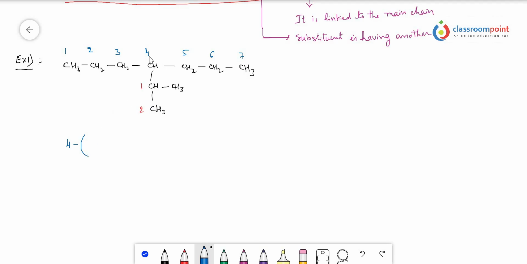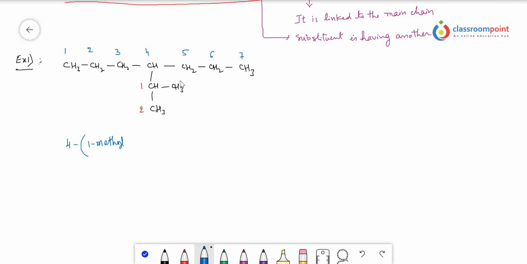So initially the 4th position is mentioned, next the bracket is started. Afterwards, at the first position a methyl group is there. So this is the substituent on the substituent. We have to write down the name of the substituent on the substituent first. So at the first position methyl group is there, so we will write 1-methyl.